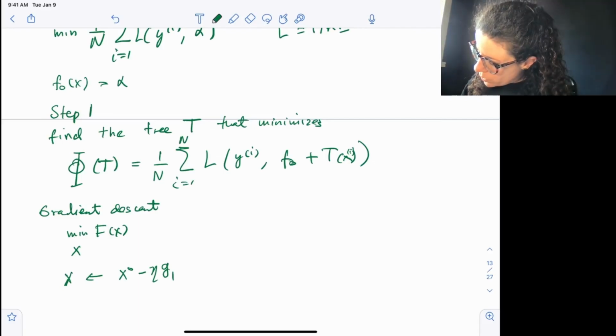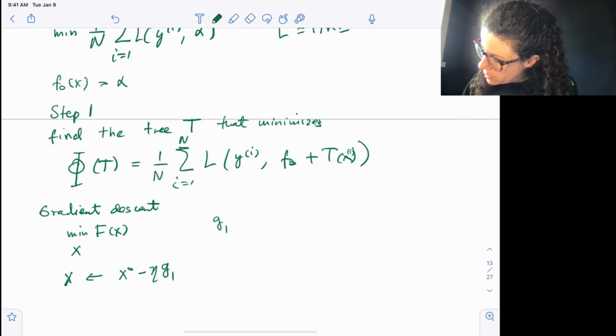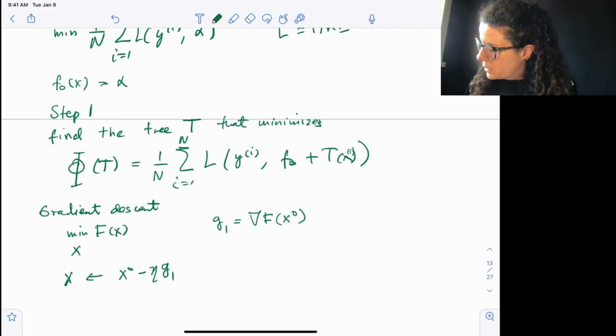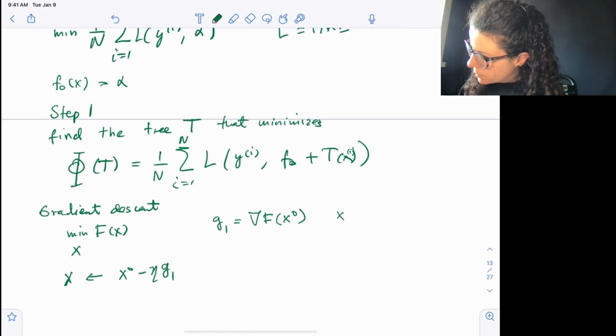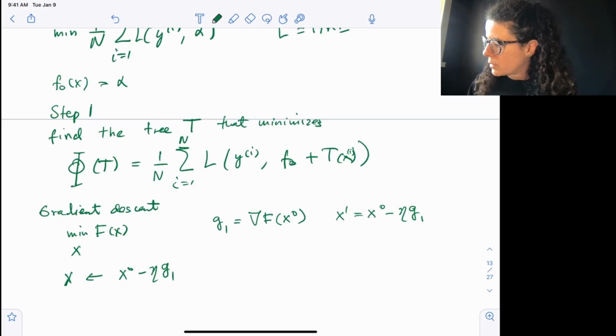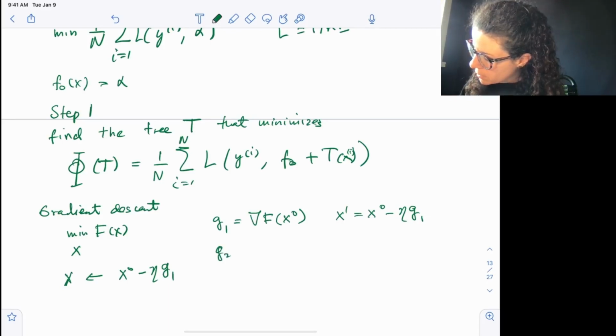And what is g1? g1 is the gradient of f at x0. Then x1 is basically x0 minus the learning rate times g1, and at the current point that we are at, we compute the gradient again.